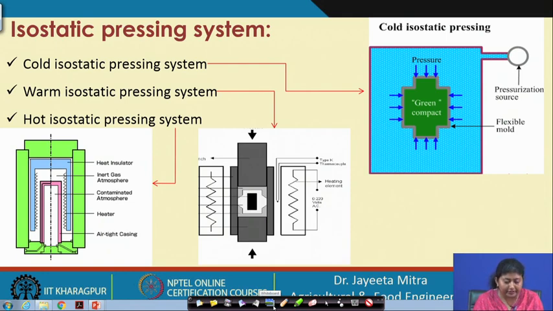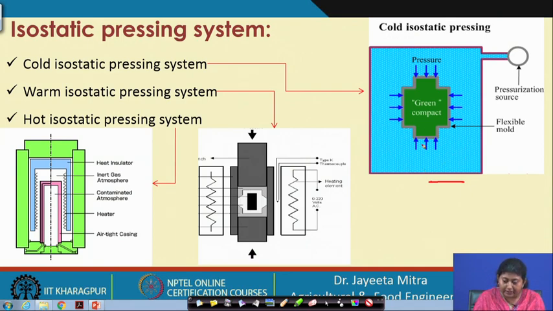The cold isostatic pressing system is this diagram, where the product is there and the pressure is from all sides, because it is isostatically felt by the product that we are keeping inside the pressurized medium. Whatever pressure we are providing from the pressurization source is uniformly distributed on the flexible mold.